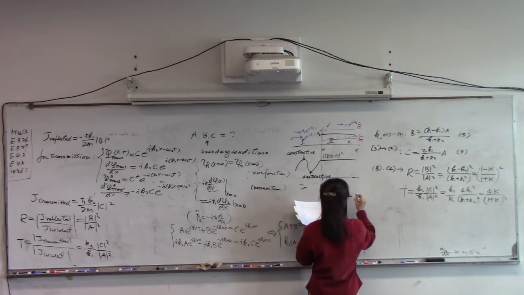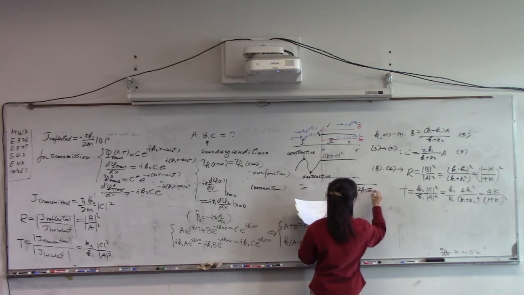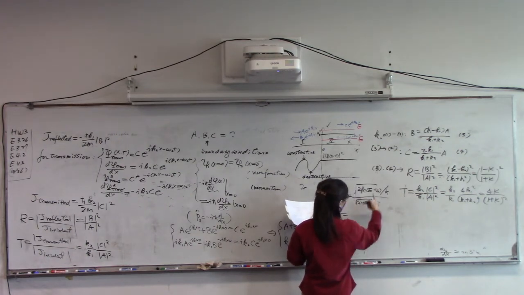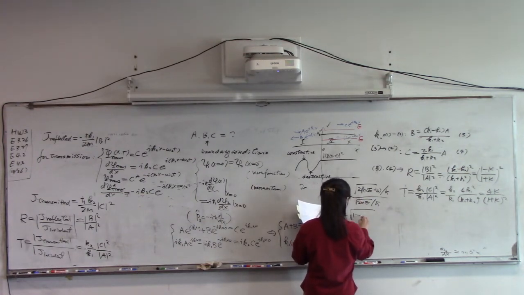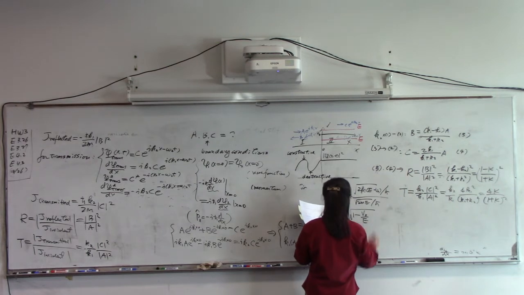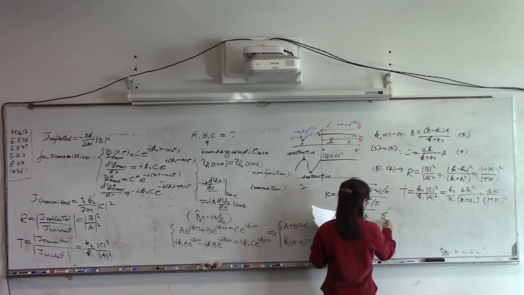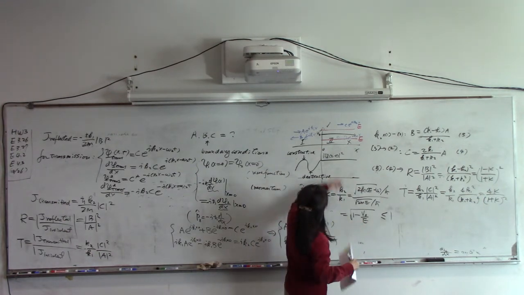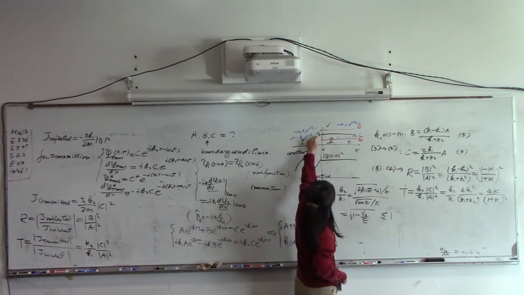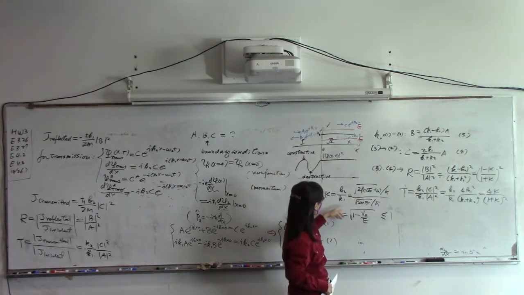Remember k2 is the square root of 2m (E minus V naught) over h bar, and k1 is the square root of 2mE over h bar. So h bar and 2m cancel, and K is just the square root of this ratio. It is smaller than or equal to 1 since this is positive, and depends on E. So even though the energy is positive and larger than V naught, it depends on how close to V naught it is.